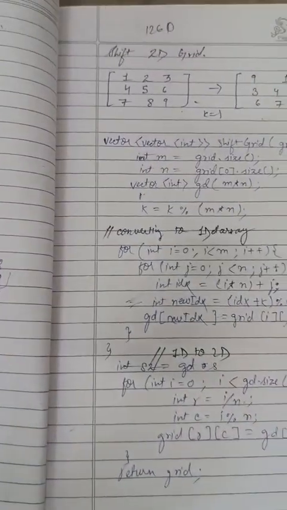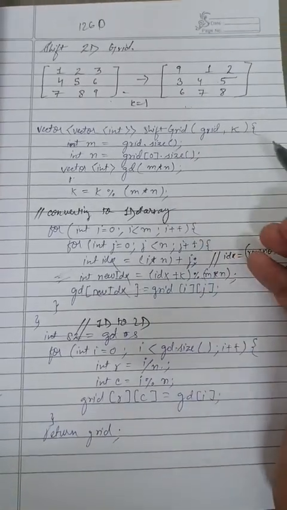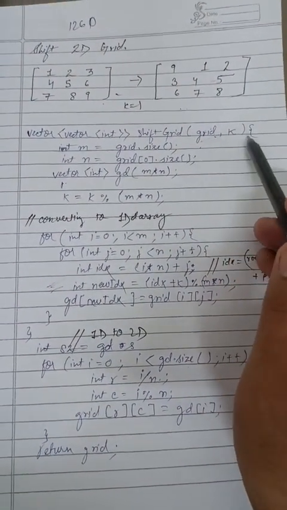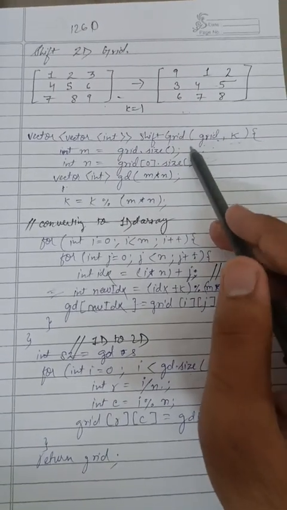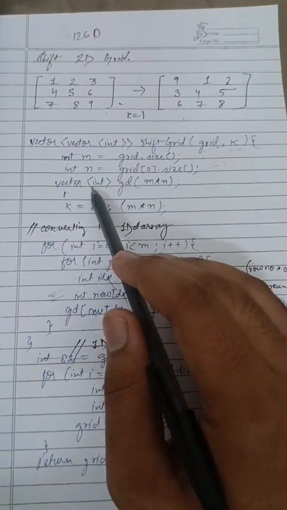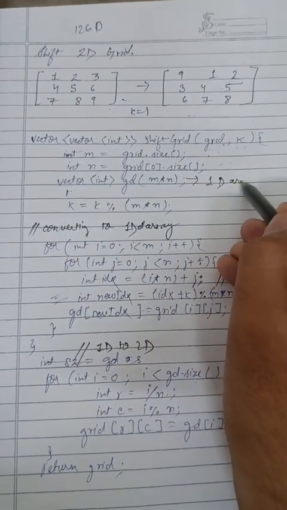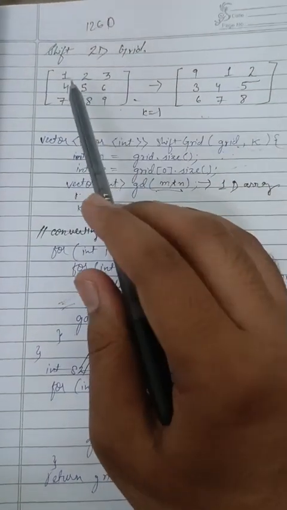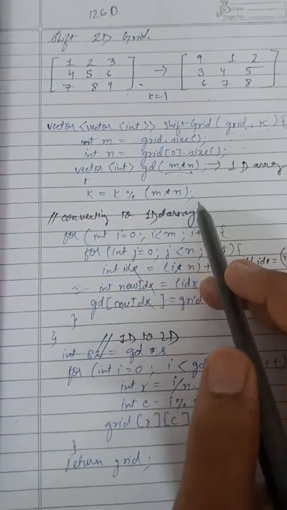Okay, so it was just a simple problem. Let me tell you from the start. The grid was given and the k size was given. I simply took out the row and column sizes. I have used a 1D array of m cross n size, because the total number of elements is m cross n, right?